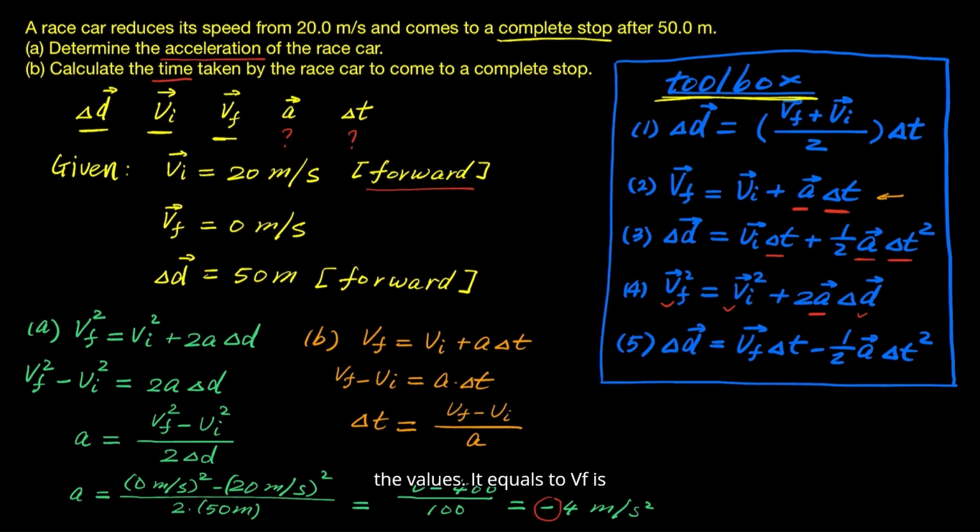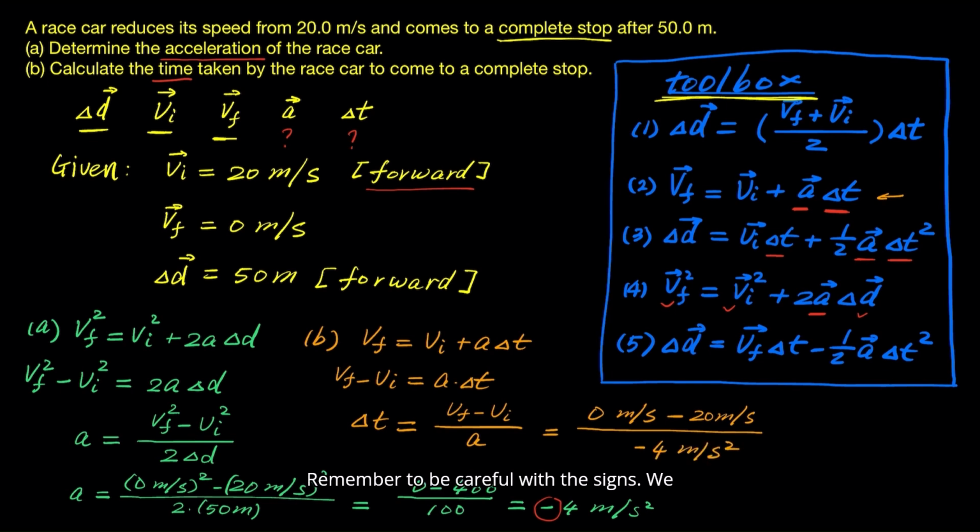Now let's plug in the values. It equals vf, which is 0 meters per second, minus vi, which is 20 meters per second, divided by the acceleration, which is minus 4 meters per second squared. Remember to be careful with the signs. We got a negative value for the acceleration from the previous calculation, so we have to use exactly what we got, and don't miss this negative sign.